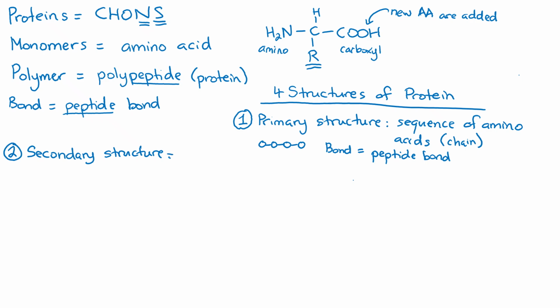This twisting and turning creates two shapes, the alpha helix and beta pleated sheets. Very specific structures. I'm going to draw the best I can, and I'm not that great at drawing, so bear with me. And then we have the beta pleated sheets here.